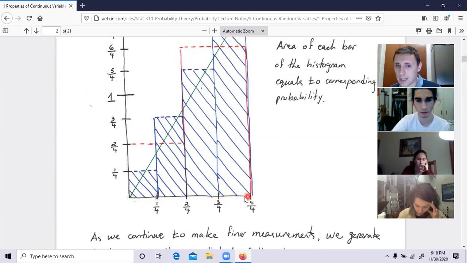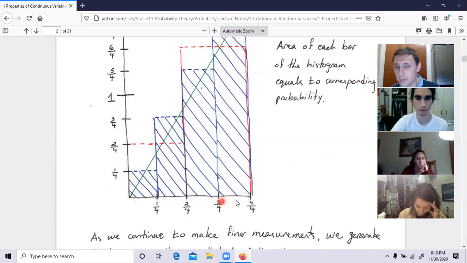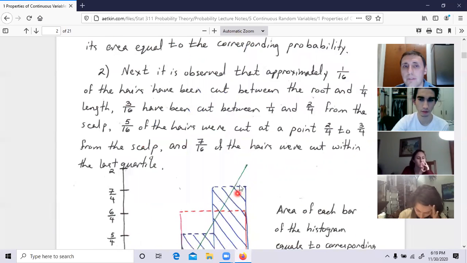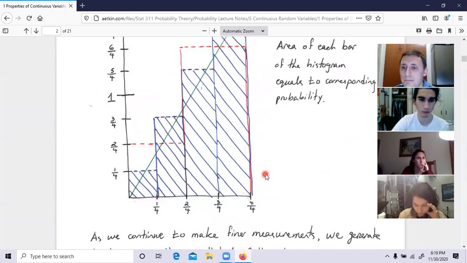The probability that the cut is made, let's say between 3/4 and 4/4, is represented by a bar where the width of the bar is 1/4 and the height of the bar is such that the product will give you the probability that the hair was cut in here, which I estimate experimentally, because I have this information here experimentally. Okay, are you with me so far?